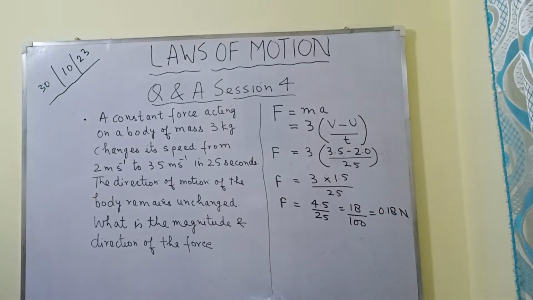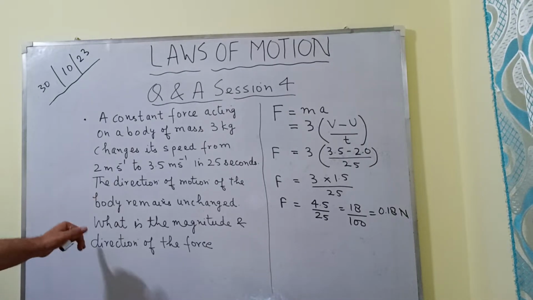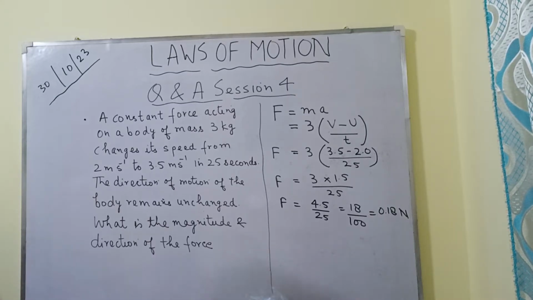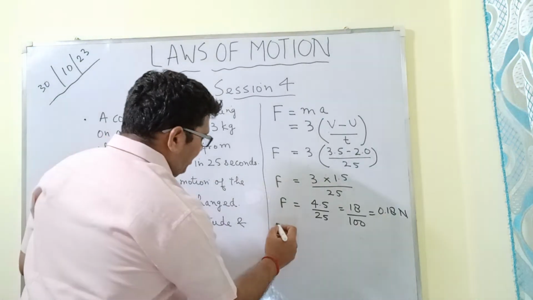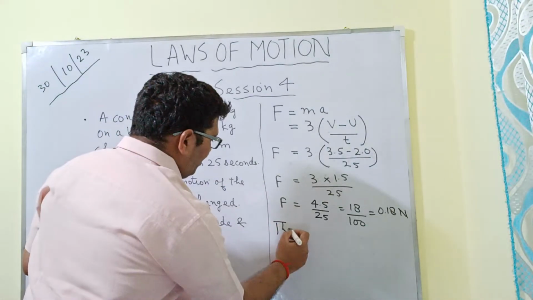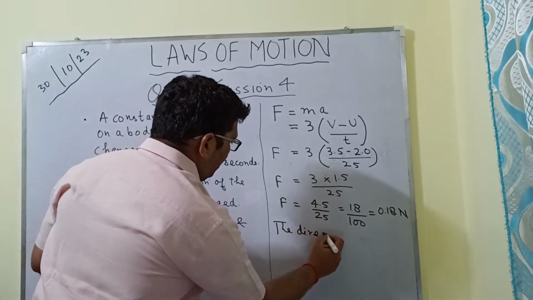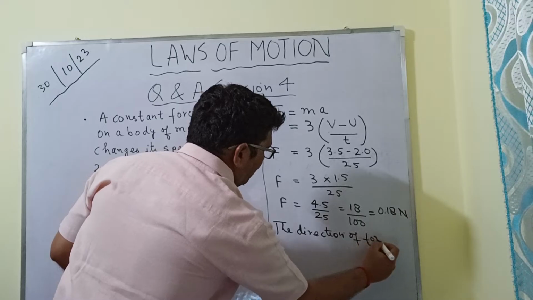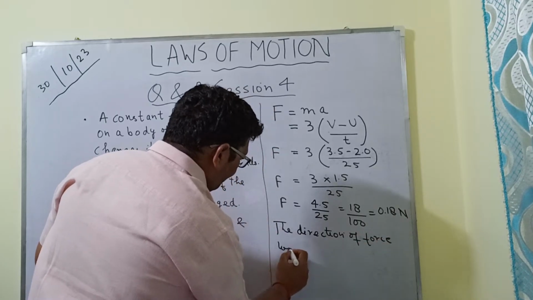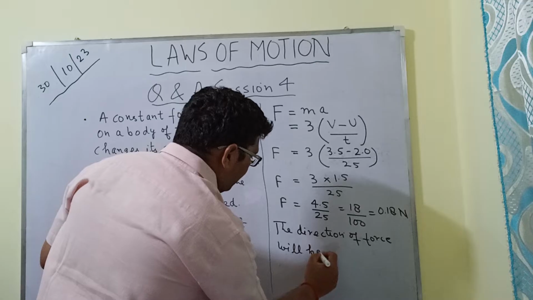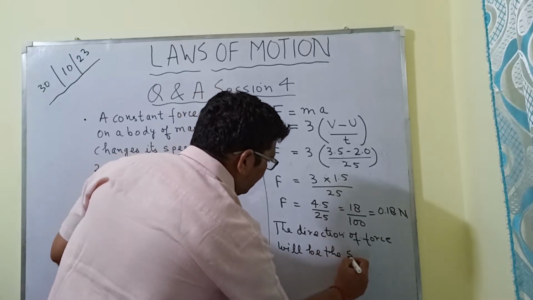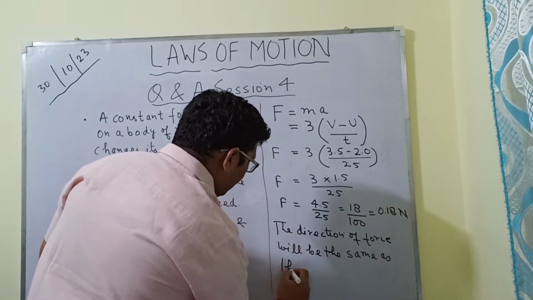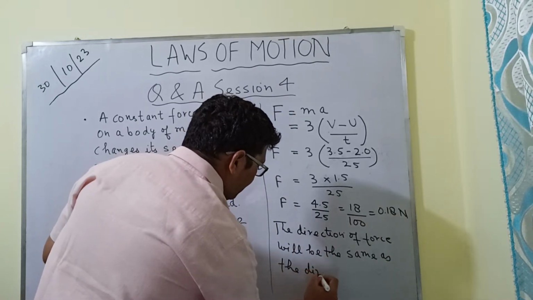So the magnitude of the force is equal to 0.18 newton. Now it is asking two things, that is magnitude of the force and the direction of the force. So the direction of the force will be the same as the direction of motion.